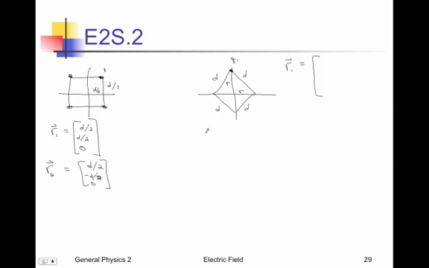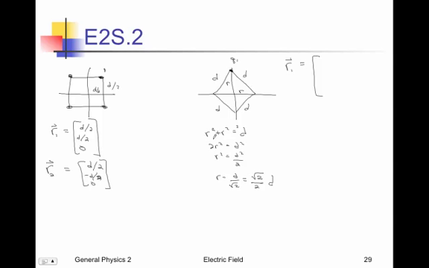So R squared plus R squared is equal to D squared. And so 2R squared is equal to D squared. So R squared is equal to D squared over 2. And so R is equal to D over the square root of 2, which is also equal to the square root of 2 over 2 times D. So that's how I find that.